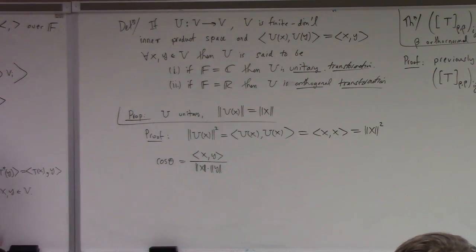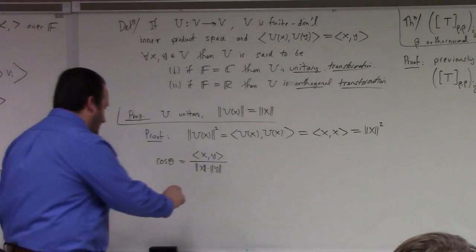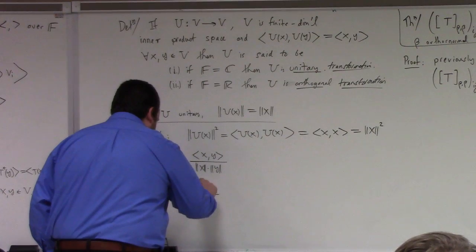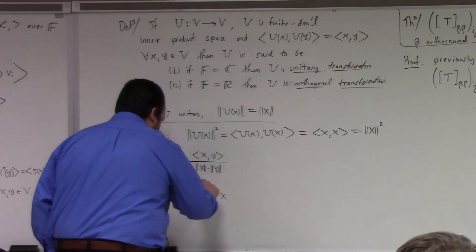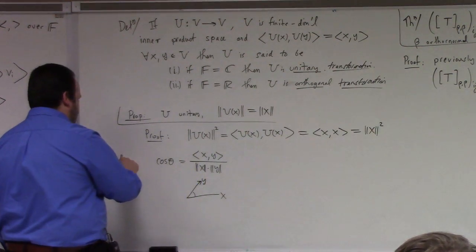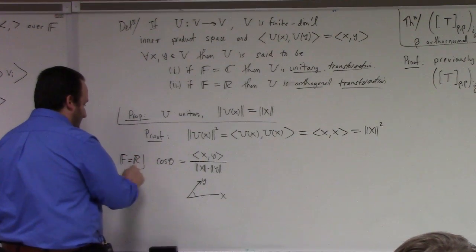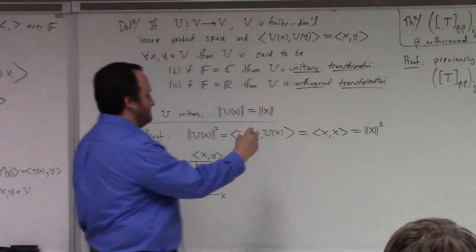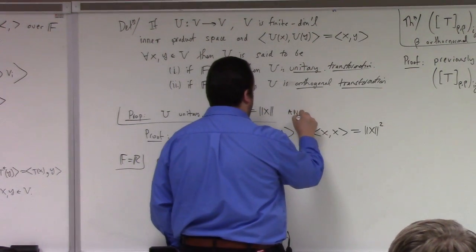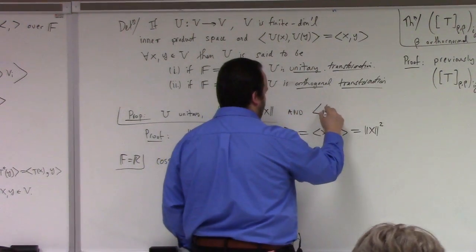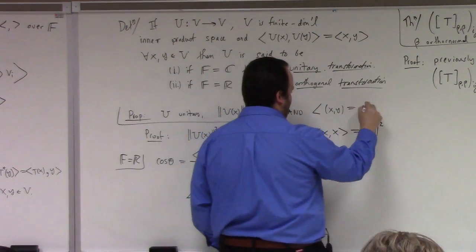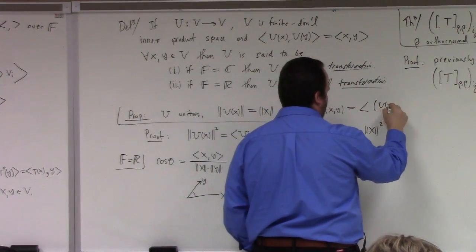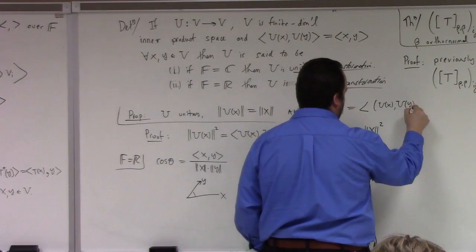So that's the angle between x and y, right? I'm adding to my proposition: the angle between x and y is equal to the angle between U of x and U of y, if you'll allow me that silly notation.